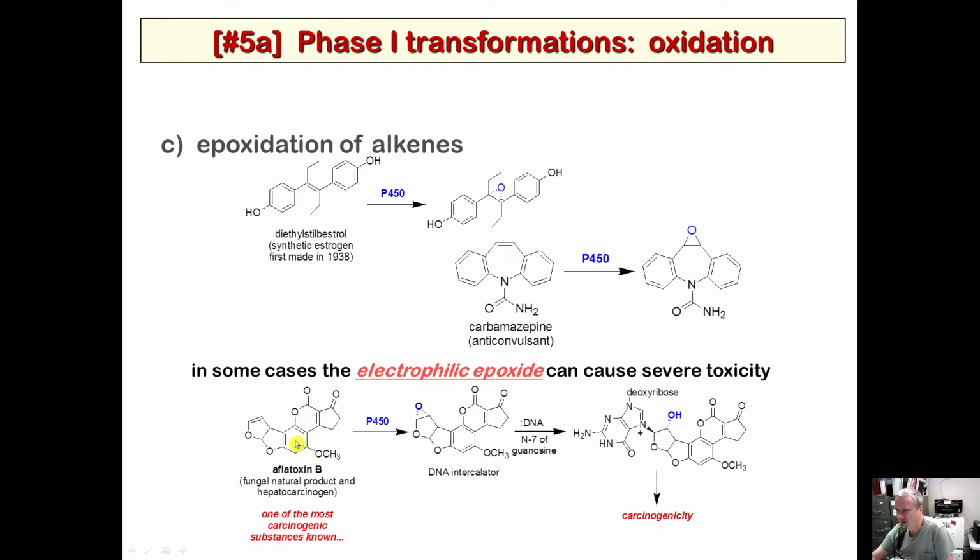So P450 oxidizes the little dihydrofuran right here to make an epoxide, and DNA very efficiently attaches to that, and this kind of molecule that gets attached to DNA will lead to mutations and mutagenesis and in some cases carcinogenicity. All right.